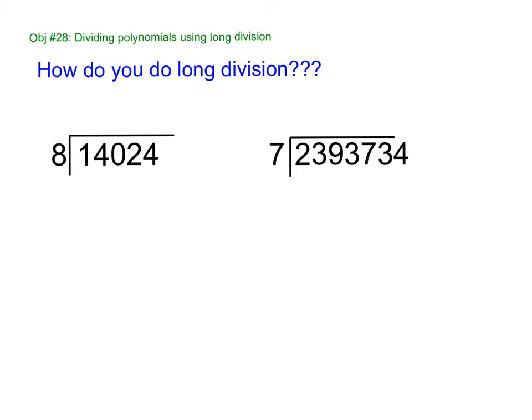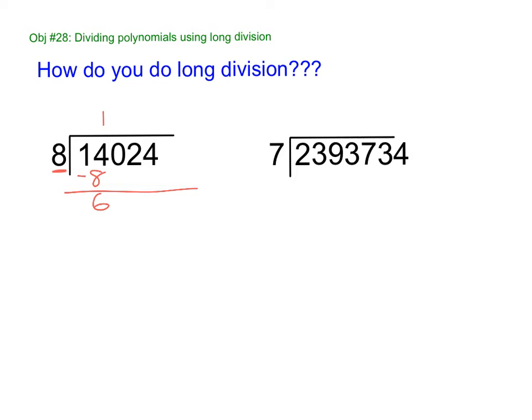So let's do a review of long division from elementary school, right? The better you are at old school elementary long division, the better you're going to be at this, because the process is exactly the same. So I take my 8 and I look, 8 doesn't go into 1, but it goes into 14. Whoops. Apparently I don't remember long division. It goes in once, 1 times 8 is 8, and we subtract.